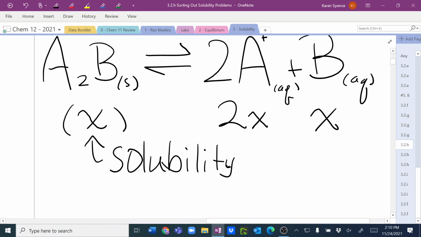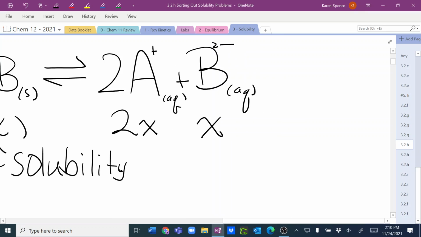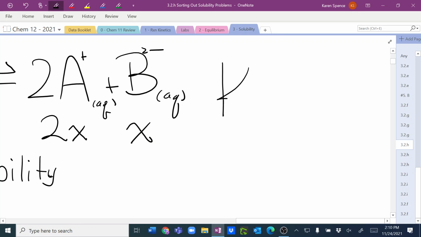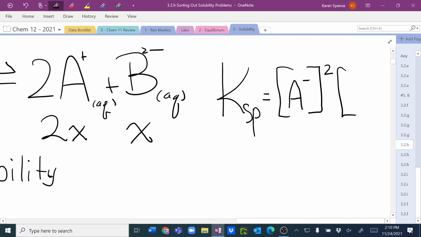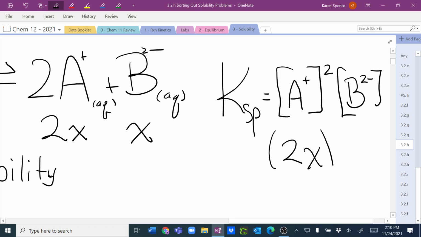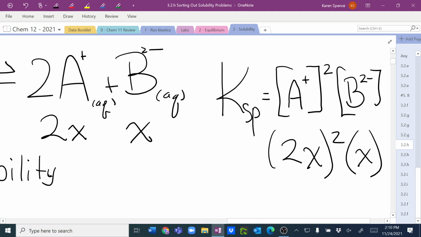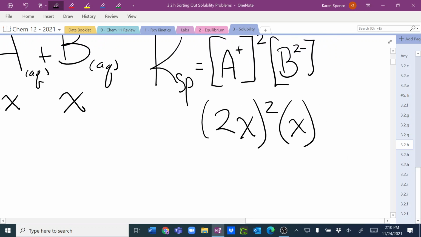And that means that our KSP, which is going to be A squared times B, is going to be 2X all squared times X. And if we take that 2X and we square it, what do we get?